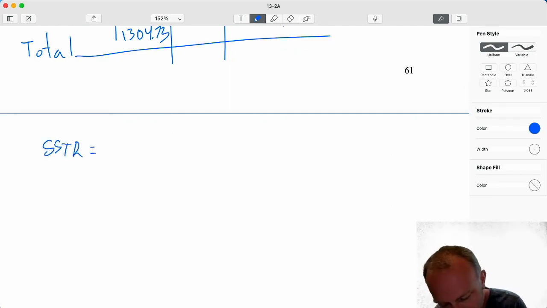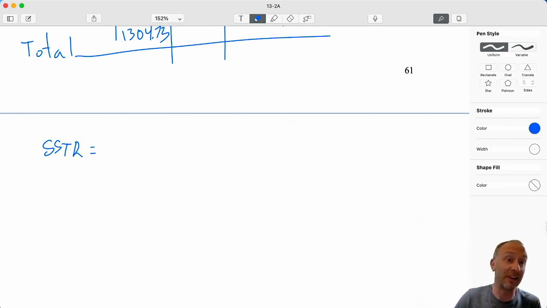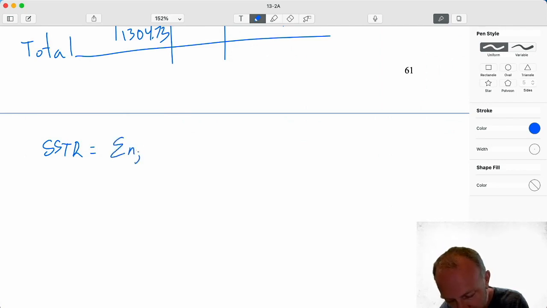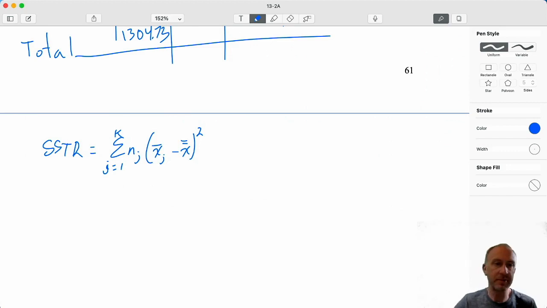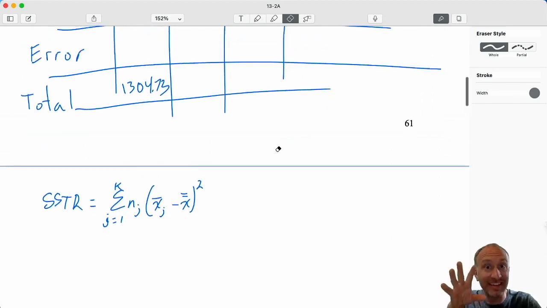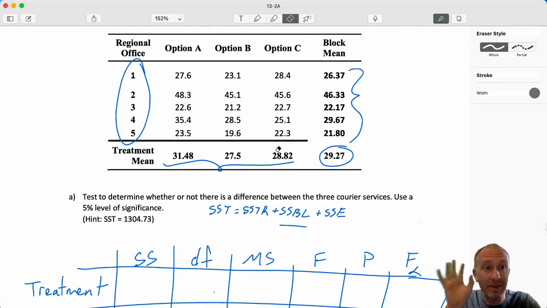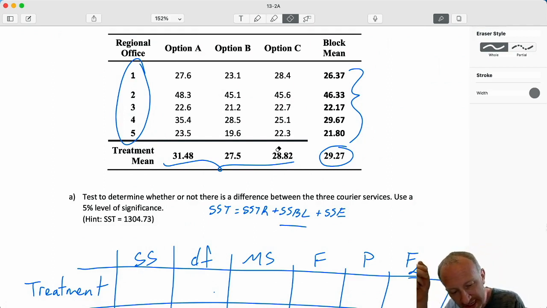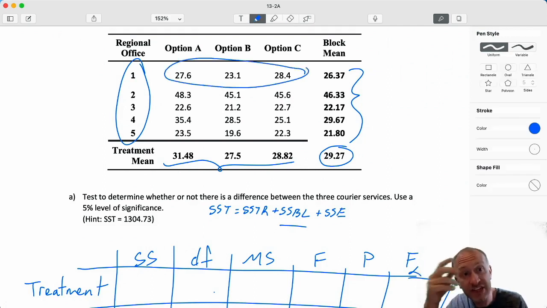SSTR. So here we are looking at, remember when we did the completely randomized ANOVAs, we had a formula that looked something like this. N_j times x bar minus grand mean squared, and we added those up across our treatments. And there was the number of observations multiplied by the difference between the sample mean and the grand mean. Well, now, due to how these tests are designed, we will always have the same number of observations in each of our samples, because I'm getting 3 data points from each of those experimental units.